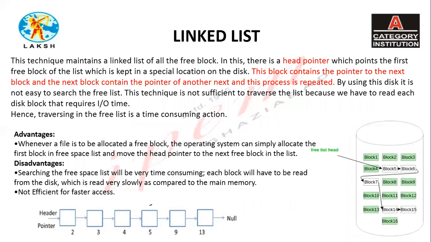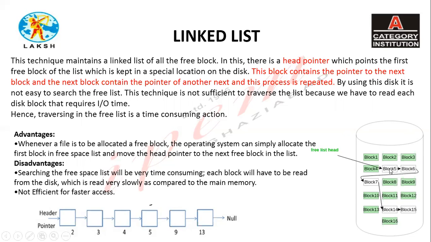The second technique is the linked list technique. This technique maintains a linked list of all the free blocks. It makes a chain starting from the first free block till the last free block. In this diagram you can see the free list head. Blocks 5, 6, 7, 14 and 15 are the free blocks, and the linked list makes a chain of these blocks.